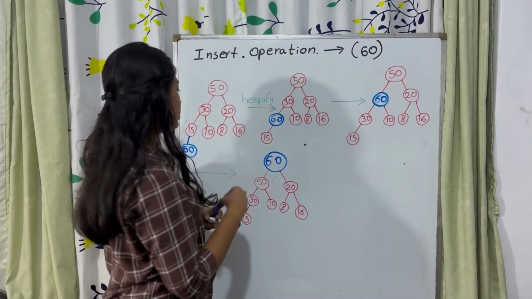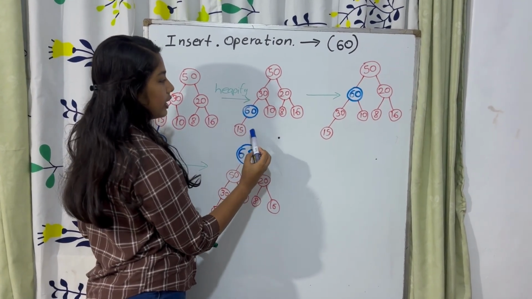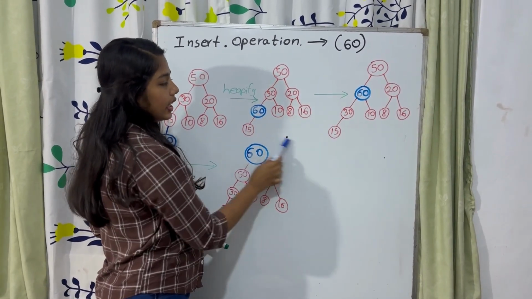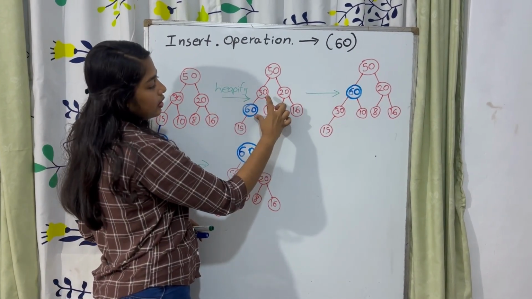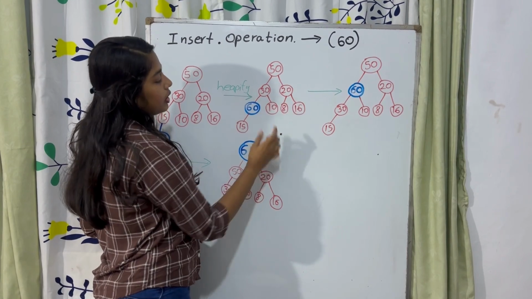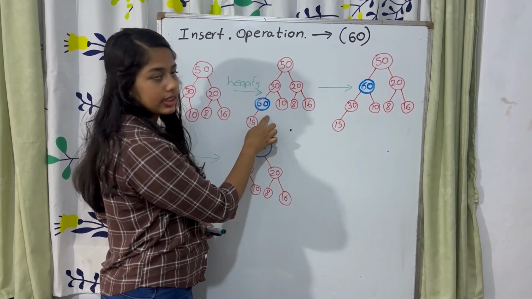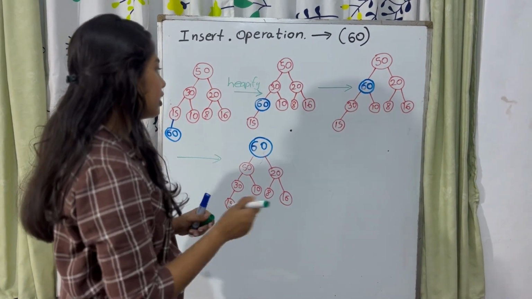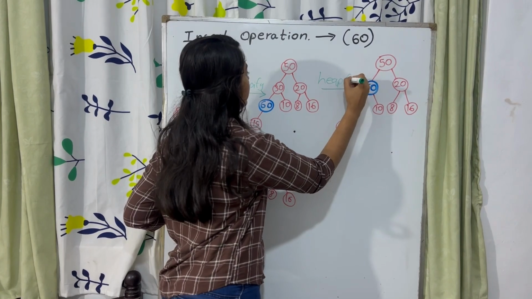After swapping these two numbers, we can get the tree like this. Again, this is not the max heap because 30 is less than 60. So again we have to heapify this tree.